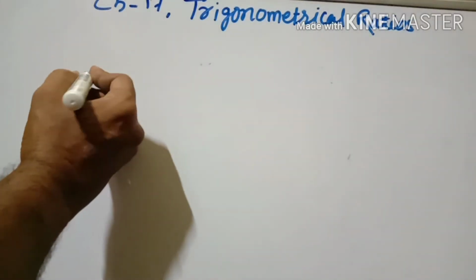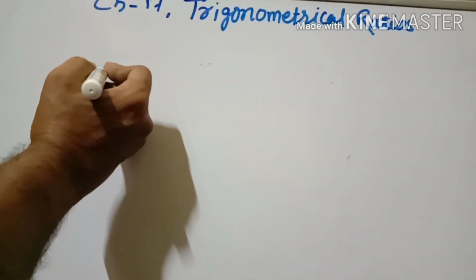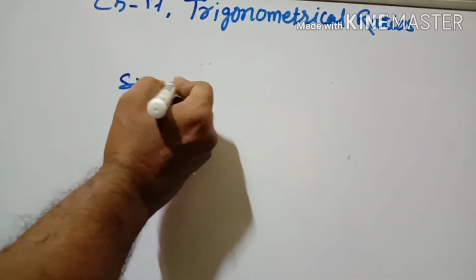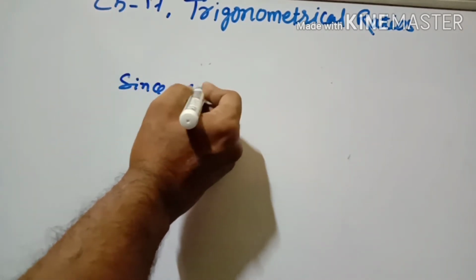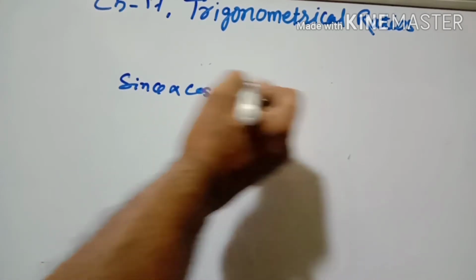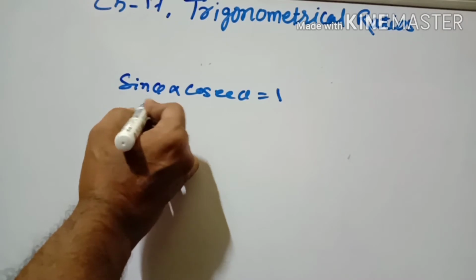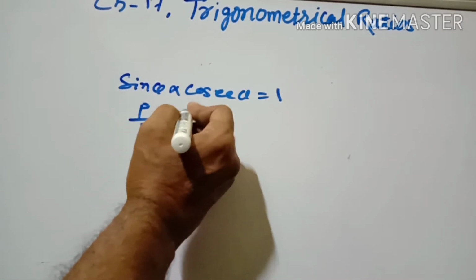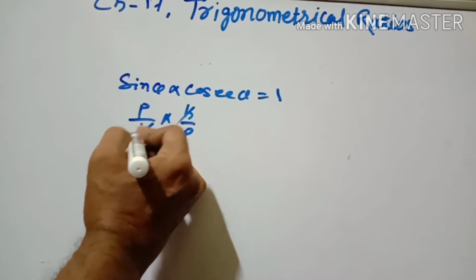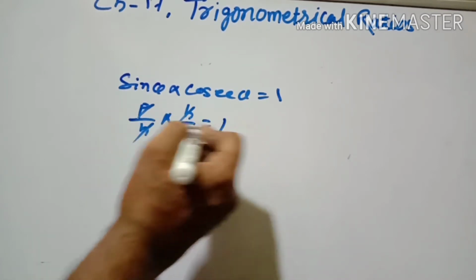From above we can write what? We can write sin theta into cosec theta will be 1. Why? Sin theta as we know is P by H and cosec theta equal to H by P. H cancels, P cancels, it will be 1.